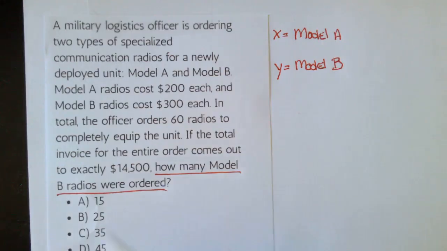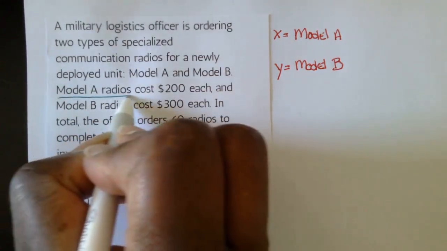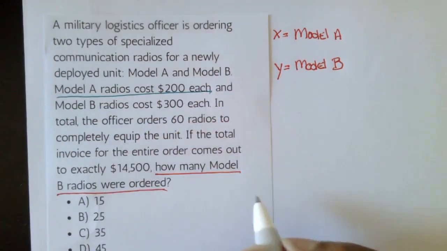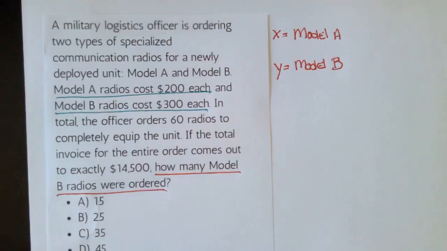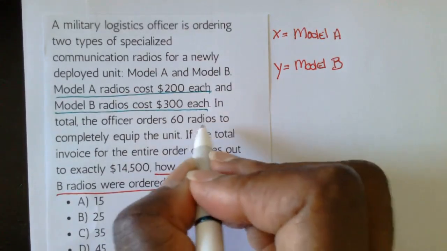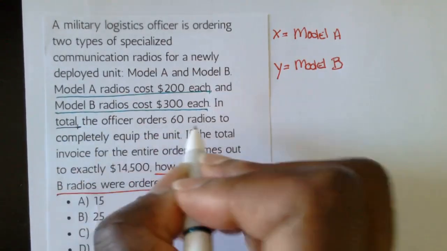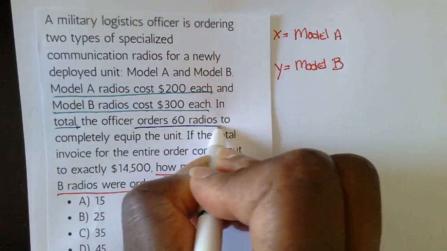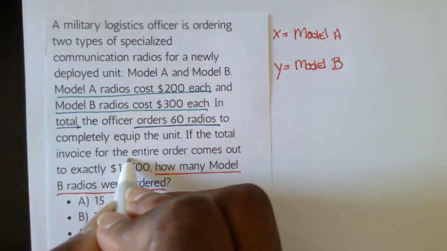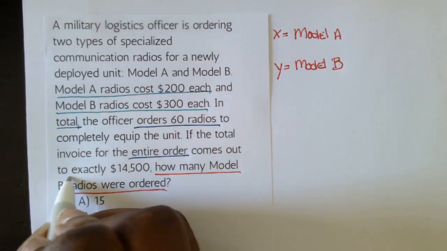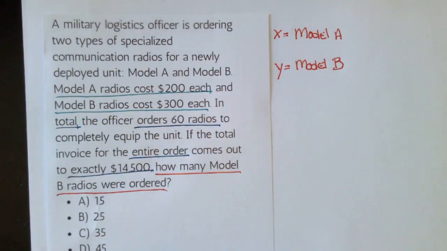They're telling us that Model A radios cost $200 each. Model B radios cost $300 each. And the other thing that they're giving us is in total, the officer orders 60 radios, and the entire order is exactly $14,500.